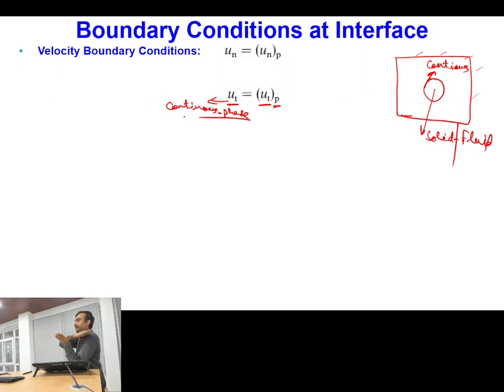Say you have a lake of water, and that particular lake of water has a stagnant free surface, and air is flowing over that lake of water. What will happen to the velocity of an air particle which is just adjacent to the water surface? It will be 0.